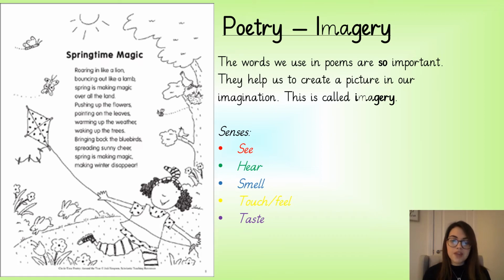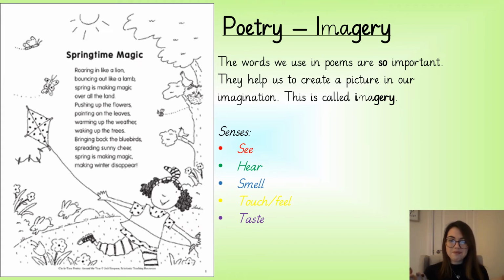Now the words we use in poems are so important, and that's because they help to create a picture in our imagination. The words creating a picture is a special technique that poets like to use in their poetry, and it's called imagery. Can you say imagery?